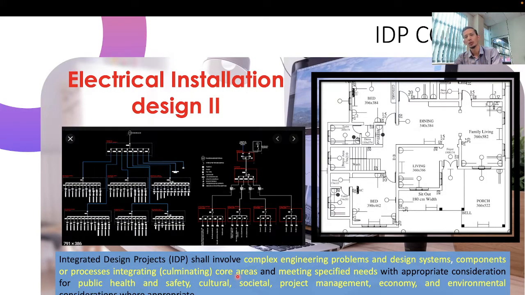And then process integrating core area. This means to complete this subject, you must have some knowledge from the previous subjects that you have taken before, subjek semester 1, semester 2 kan. So that subject yang related, yang kamu boleh apply dalam ni. Contoh power system, circuit kan.